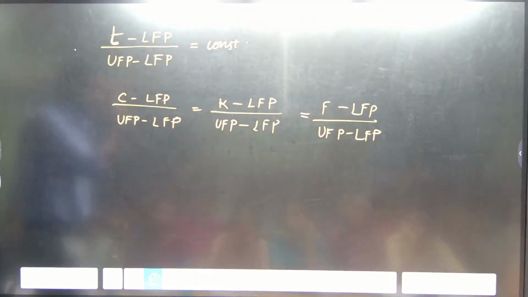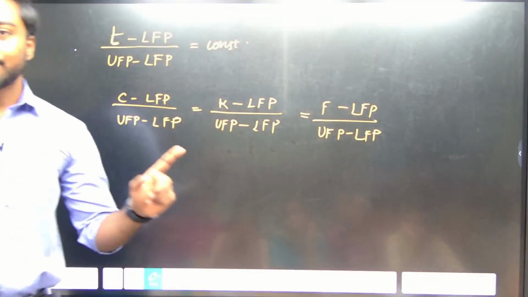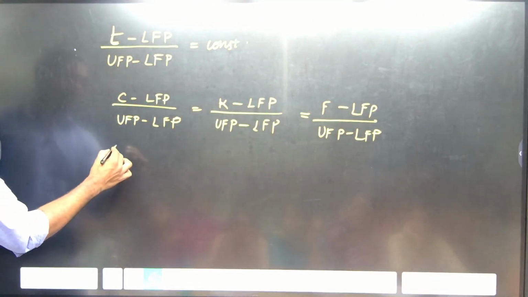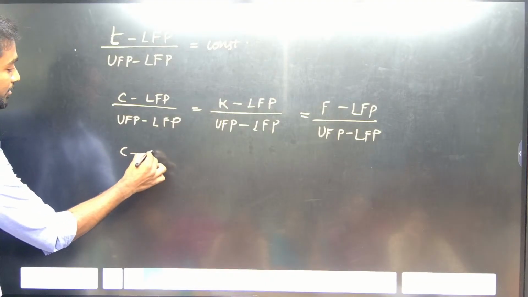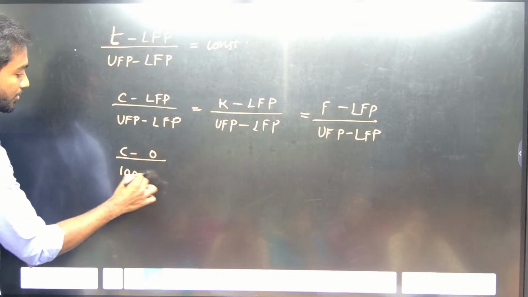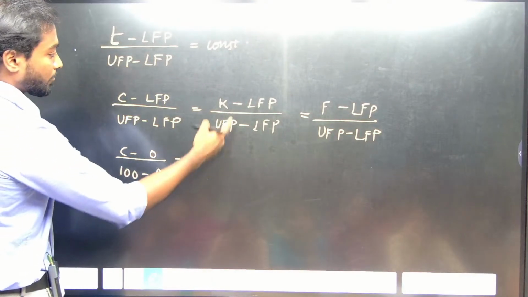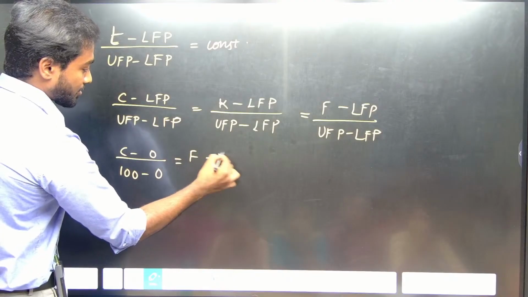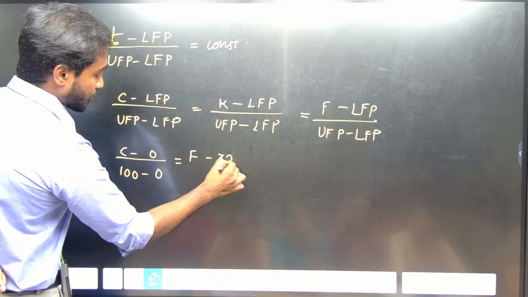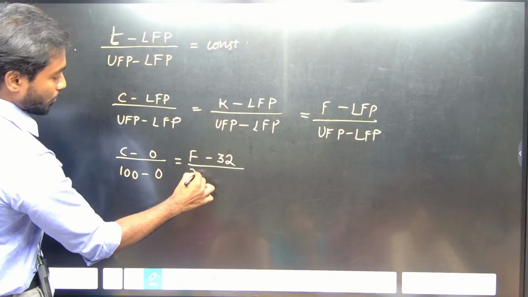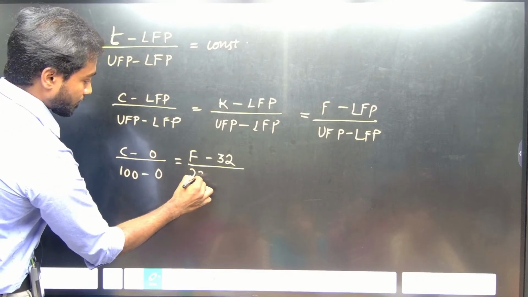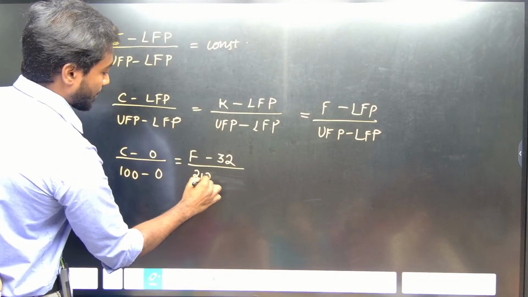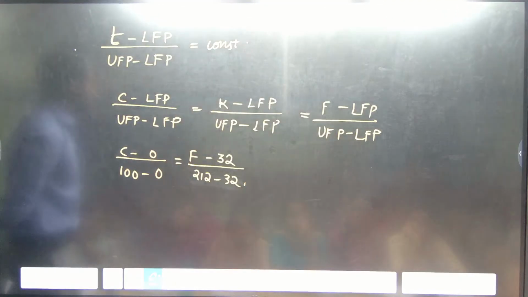The lower fixed point of Celsius is 0 and the upper fixed point is 100. So (C minus 0) by (100 minus 0) equals, for Fahrenheit, (F minus 32) by (212 minus 32).